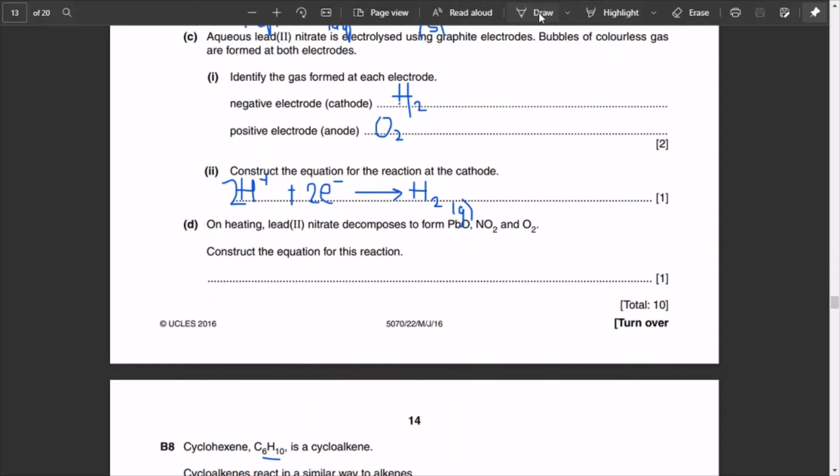It is again going to be a very typical equation, which is Pb(NO3)2, and it's going to form lead oxide plus NO2 plus O2. So it's a really typical reaction.